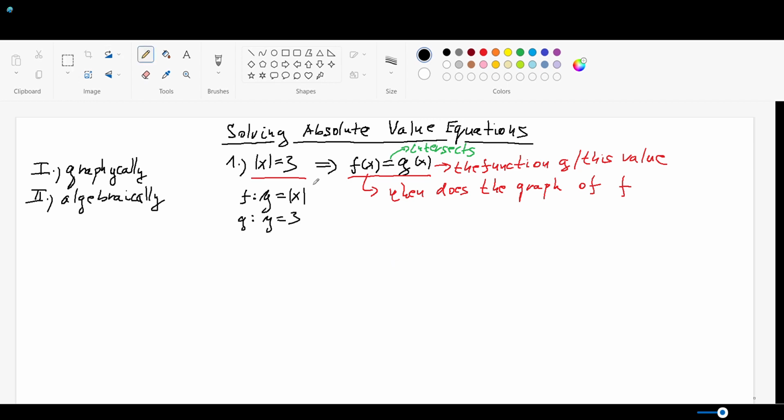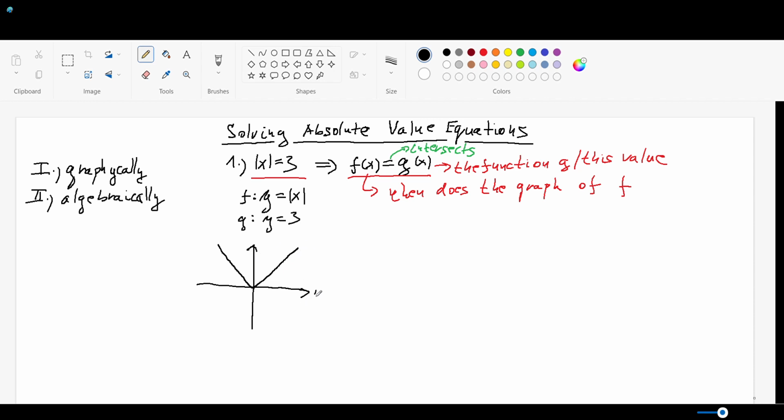Let's have a look at what it means in a graphical way. We have to sketch the graph of our function f, which we already know. The graph looks something like this.